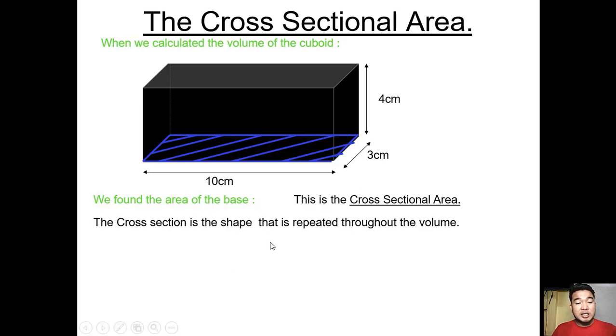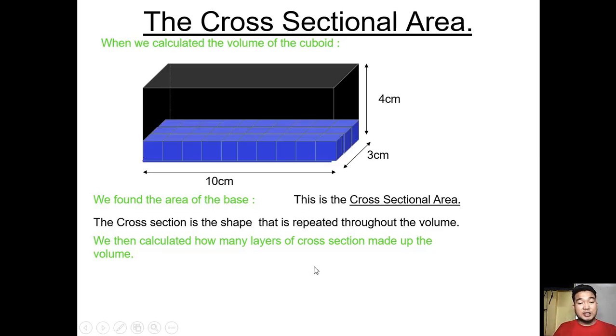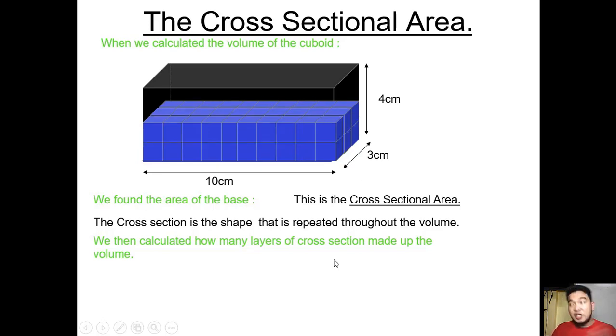The cross-section is the shape that is repeated throughout the volume. We then calculated how many layers of cross-section make up the volume. Okay, so this is the first cross-sectional area, and then the second cross-sectional area.